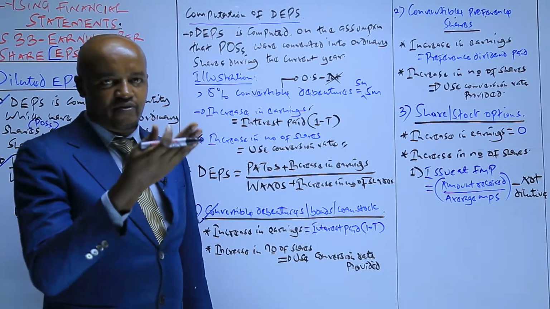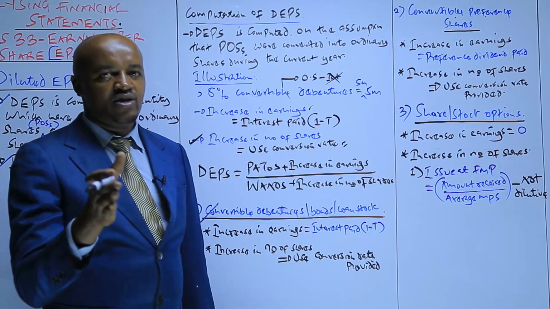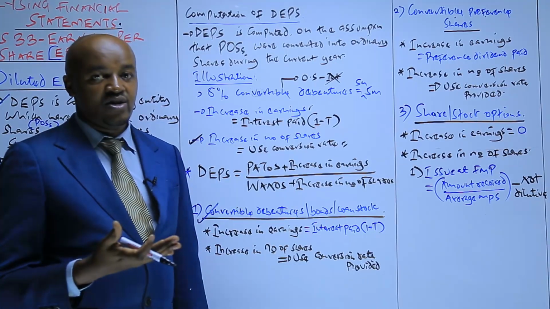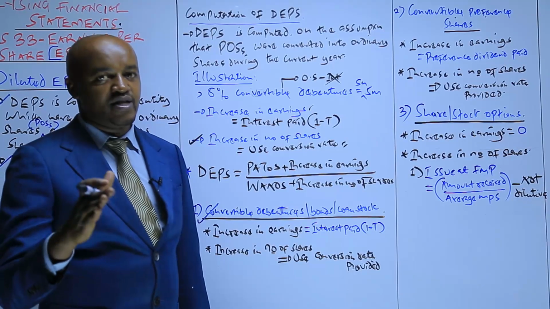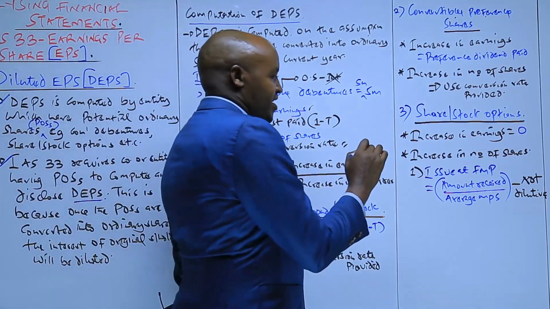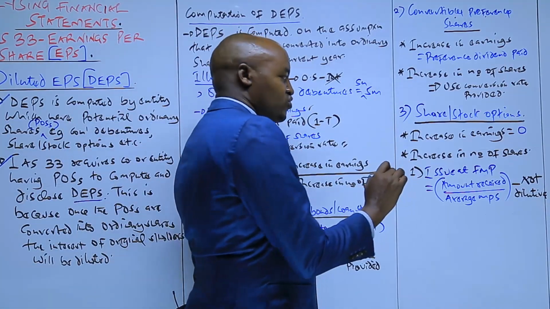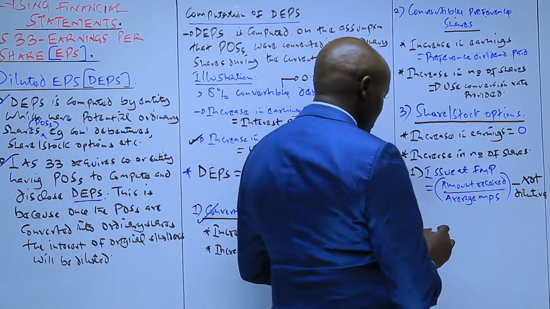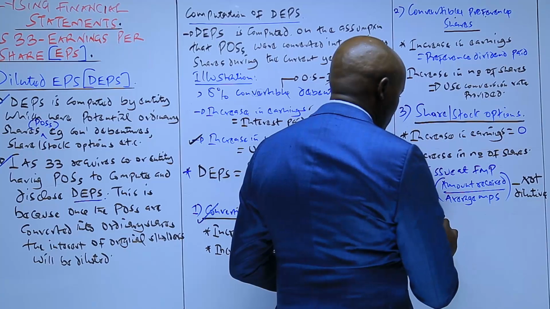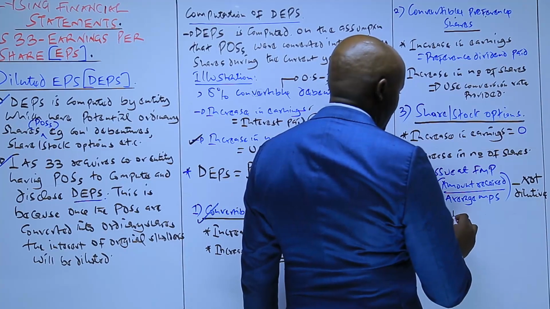By the end of the day, the profit of the company increases, and equally the number of shares increases. So we are increasing both profit and the number of shares. Therefore, these shares issued at full market price do not reduce the earnings per share, and for the purpose of computing the DEPS, they are ignored.